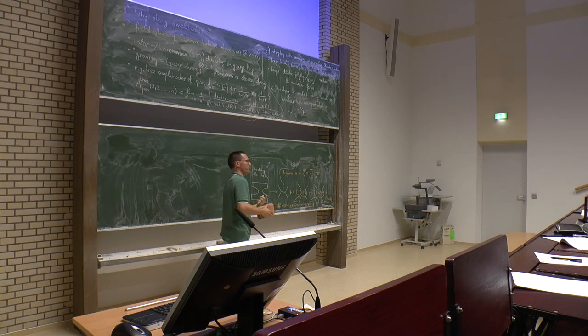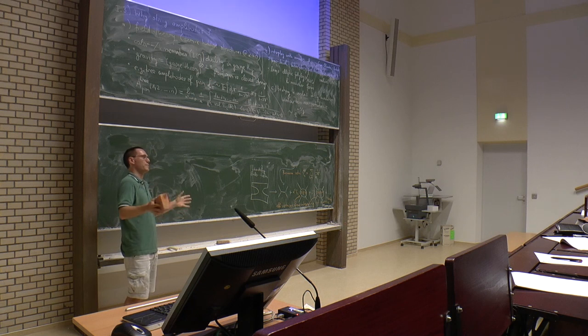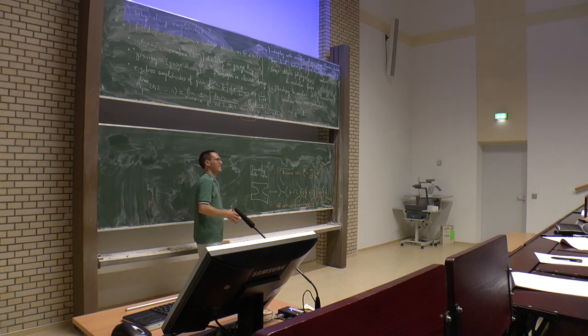I could have done a change of variables, z equal 1 minus x, and repeated this game with S channel and T channel exchange. Then I could have exposed all the poles in the U channel, and you would have seen polynomials in s12 as the residues. And it's pretty striking that these two expansions are the same. It's channel duality. There's a very nice account of that in the introductory chapter of Green-Schwarz-Witten.